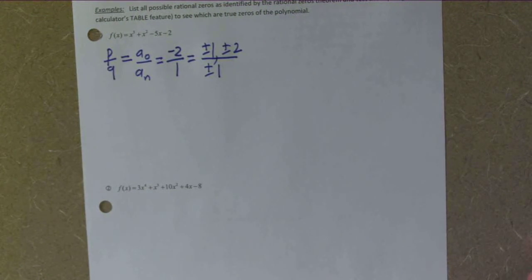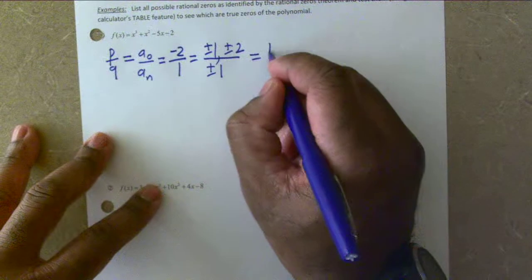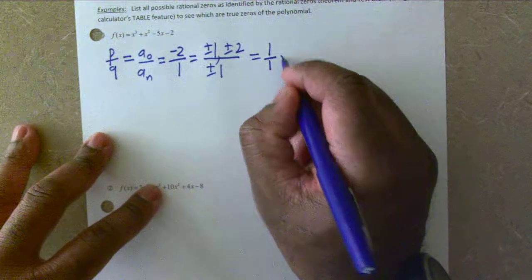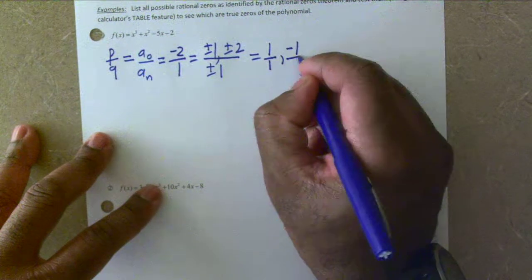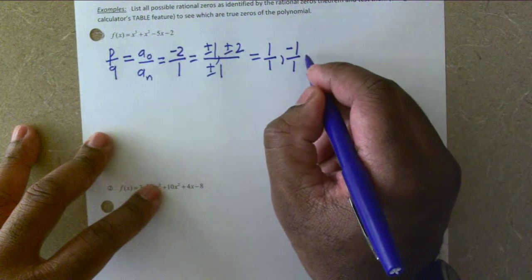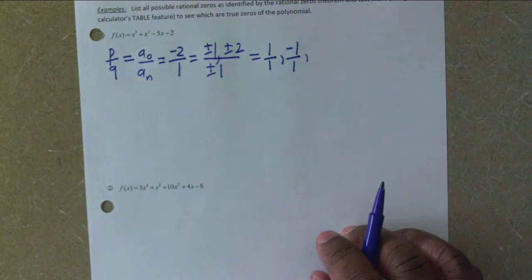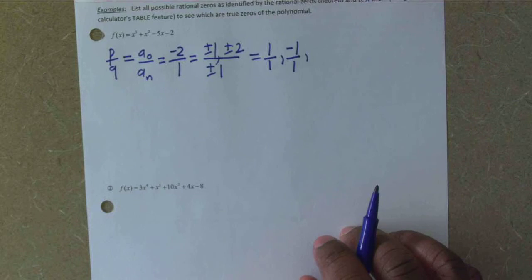Okay, now, we have to divide out all of these values. So, we could take +1 divided by +1, -1 divided by +1, and then, there's going to be a little repetition here, but I'm going to show you how to get past the repetition.